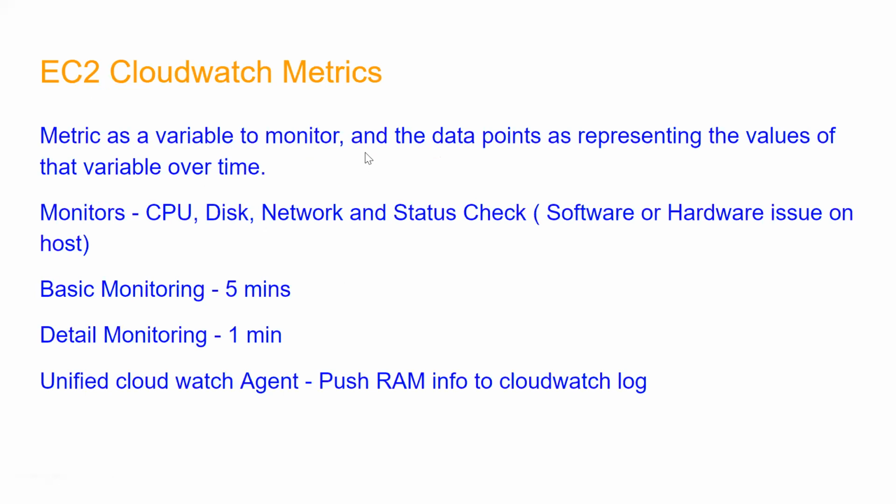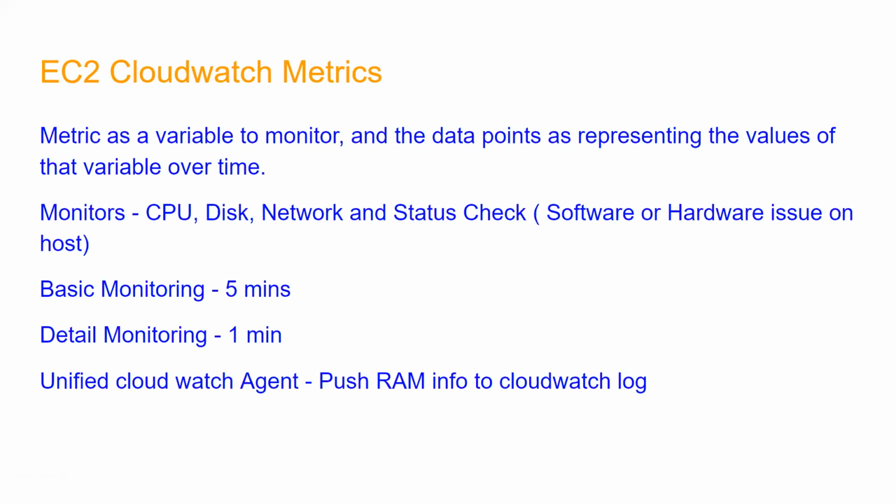Now, CloudWatch is an AWS service which helps you monitor your EC2 instances and other resources as well. When we say CloudWatch metric, what exactly do we mean? It's like a variable which you want to monitor. Your variable could be your CPU usage, your disk usage, your network, and a status check. You would have seen that whenever we launch an EC2 instance, you see a 2/2 status check.